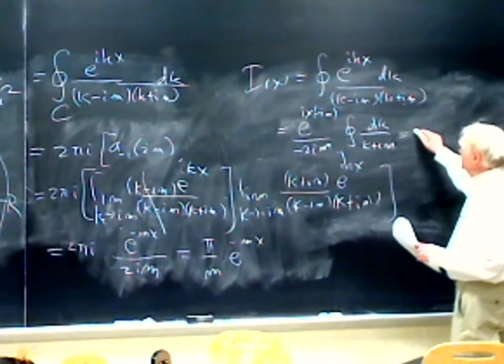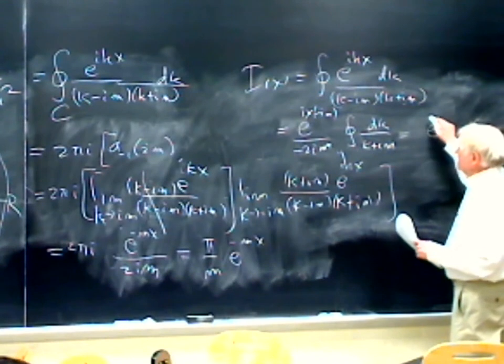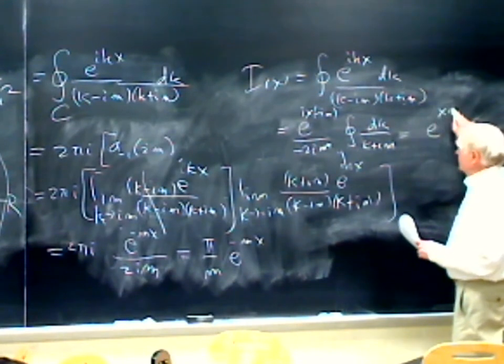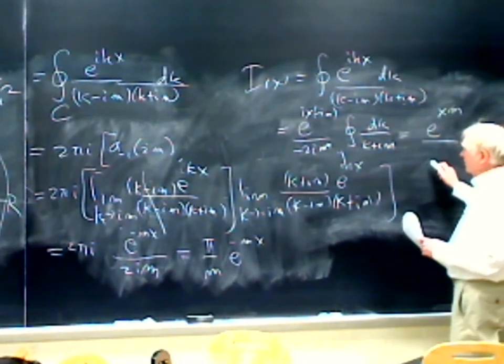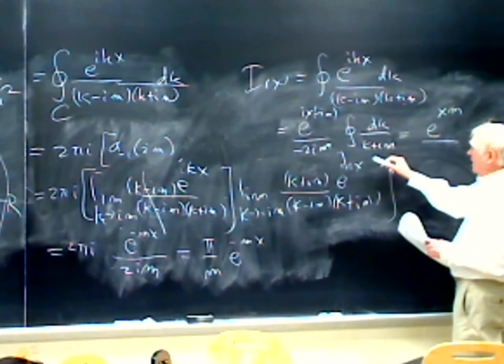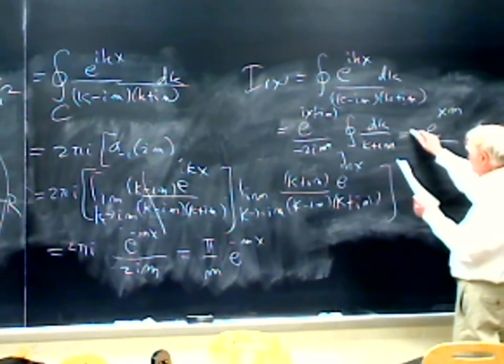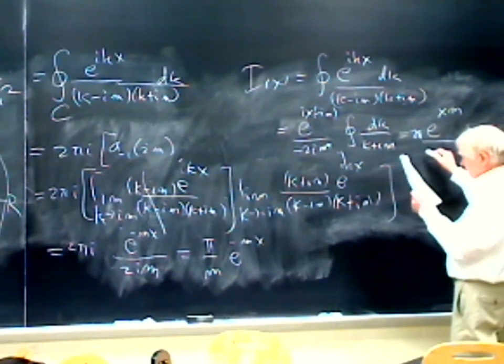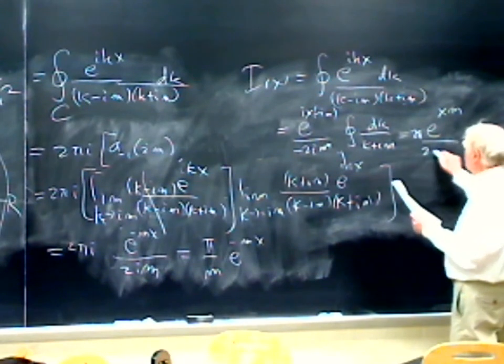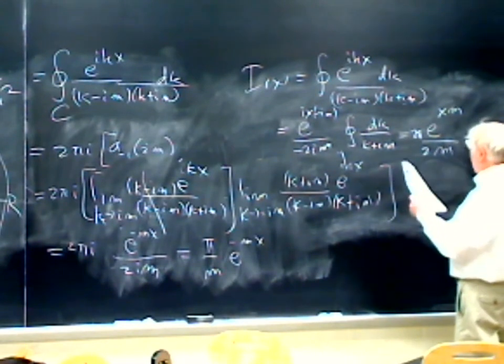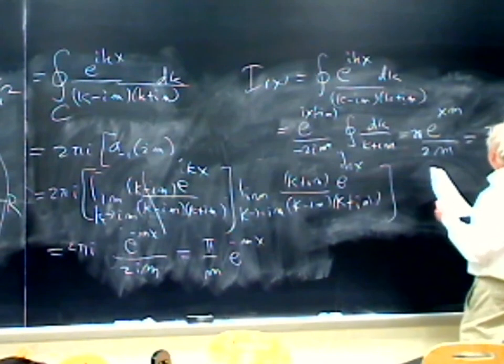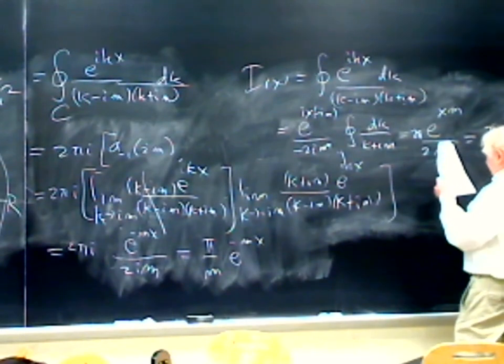So altogether we then have e to the xm over, well, let me just copy it. It's 2 pi over 2m. And altogether then it's pi e to the x m over m.